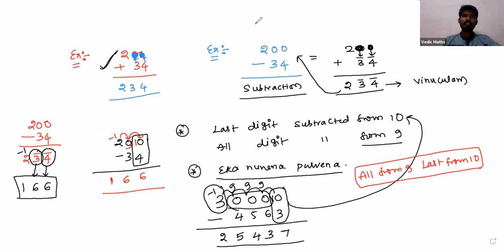Okay. And another very important point is, when you are converting a vinculum number into a normal number, or a normal number into a vinculum number, selection and grouping is very important. This selection and grouping mainly depends upon three conditions.